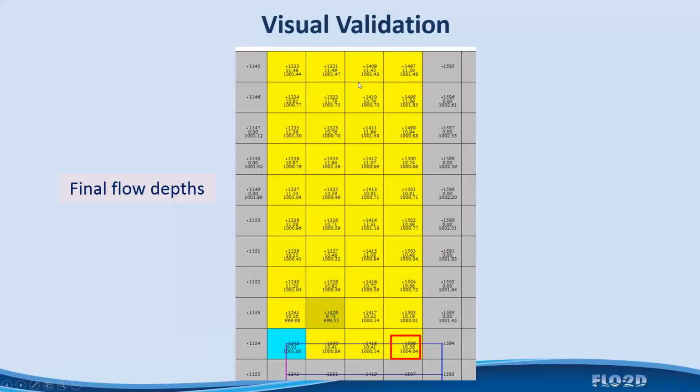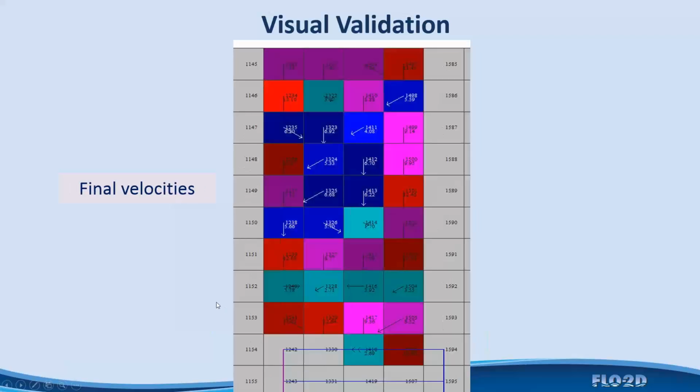They're only off by 3 or 4 hundredths of a foot. You would expect that with a steady flow case they would eventually all reach more or less uniform depths, but this is not the case because there is a lot of variability in the grid elements, and because the model is getting squeezed down here, you can see a difference in water surface elevation of 4 feet on one side compared to the flow depth entering the channel in the middle, which is 4 feet lower.